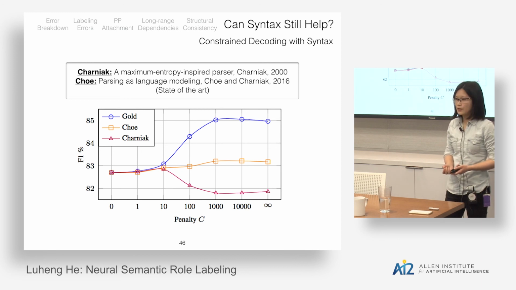If we use the Charniak parser, it actually hurts the model's performance. And if we use the state-of-the-art parser, we observe a modest gain of about 0.5 when the penalty strength is right. The x-axis shows different strengths of the penalty, and the y-axis shows the F1 from 82 to 85.